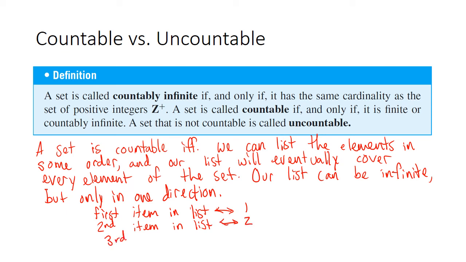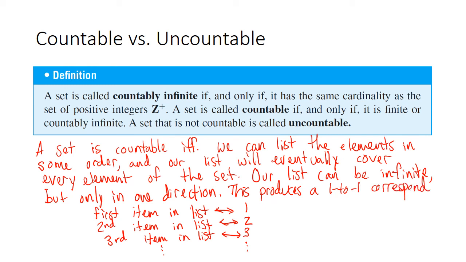The third goes with 3, and so on and so forth. So this produces a 1-to-1 correspondence between your list elements and the positive integers. Okay, so this is the positive integers here.